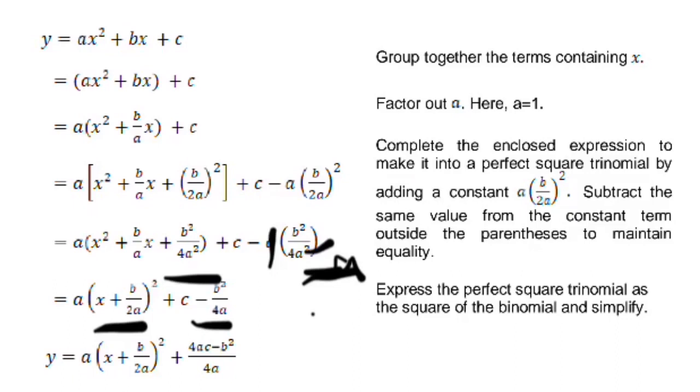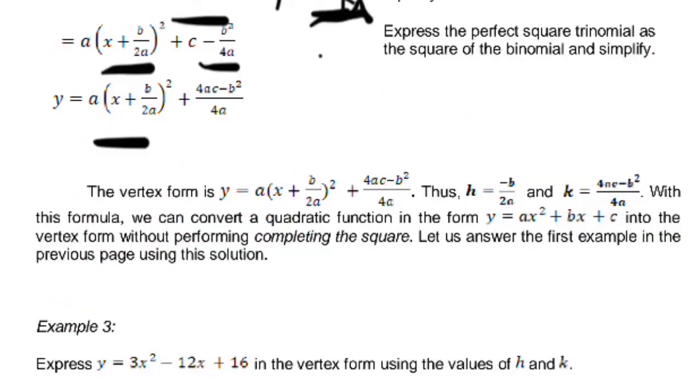So you have y equals a times the quantity x plus b over 2a squared plus 4ac minus b squared over 4a. So the vertex form is y equals a times the quantity x plus b over 2a squared plus 4ac minus b squared over 4a.